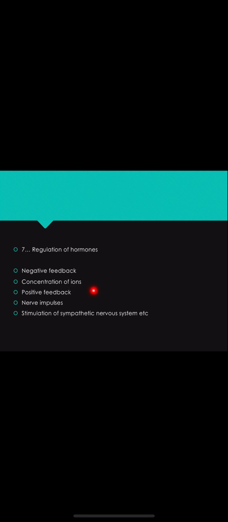It depends on positive feedback, the stimulus that is needed for this regulation. Then there are nerve impulses, then stimulation of the sympathetic nervous system, like adrenaline, epinephrine, norepinephrine. These are the mechanisms that are used for the regulation of hormones.